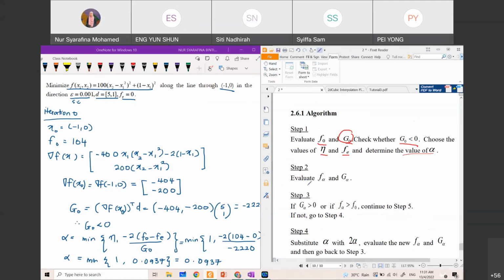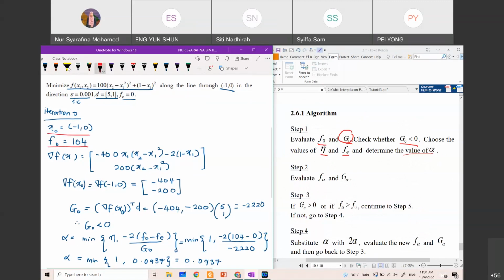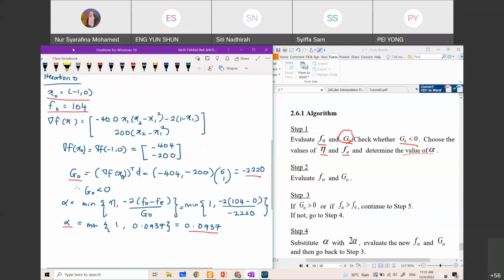So now we have alpha. We have our x0, our f0, our g0, and now our alpha. And then, step 2: evaluate f alpha and g alpha.